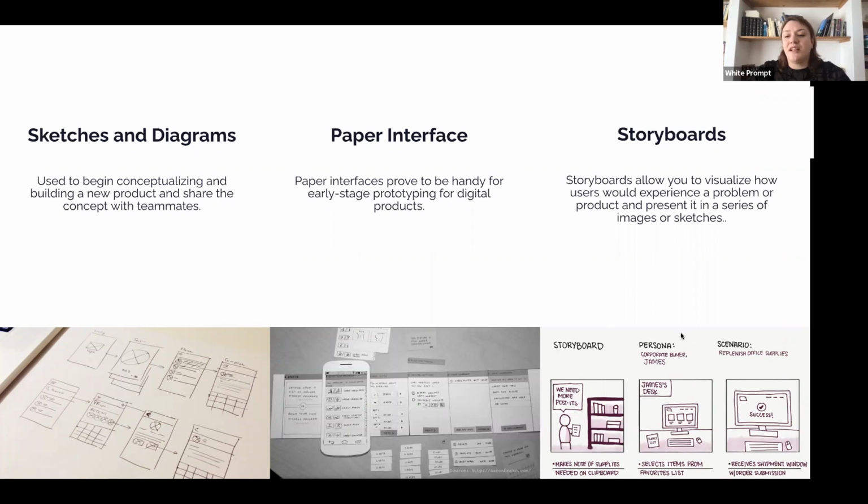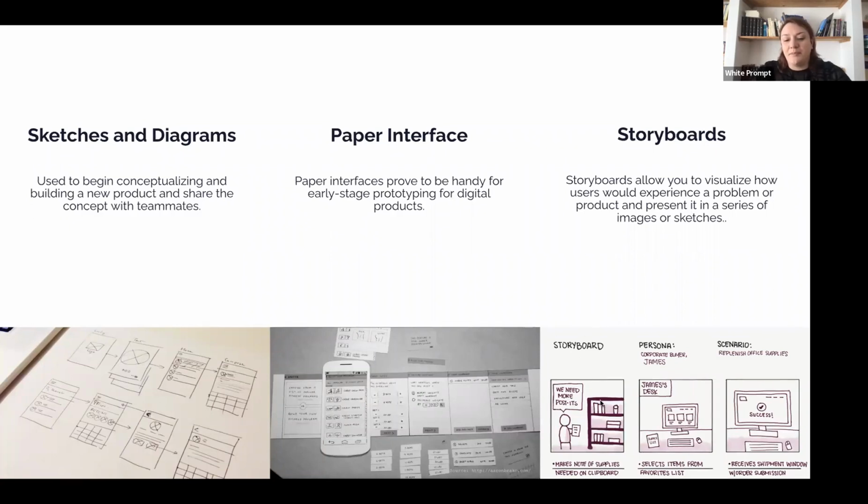The storyboards allow you to visualize how the users could experience the problems and products, presented in a series of images and sketches. With a storyboard, you can previously think how the user goes through the emotions as well, and goes through the process of using your app.